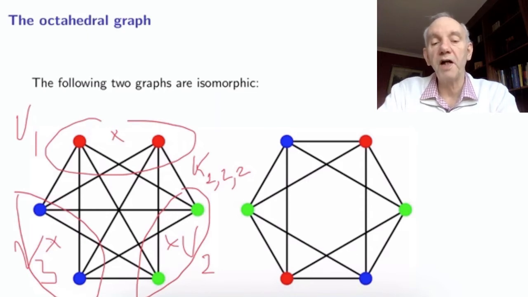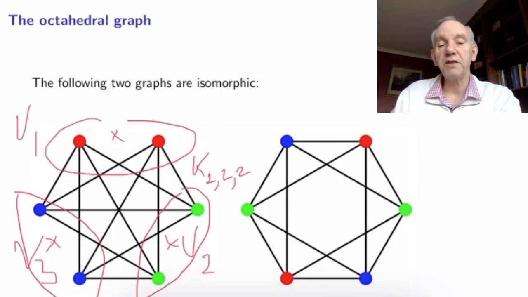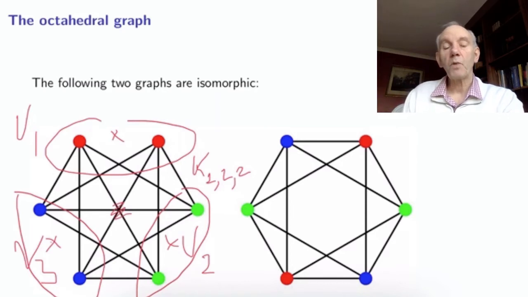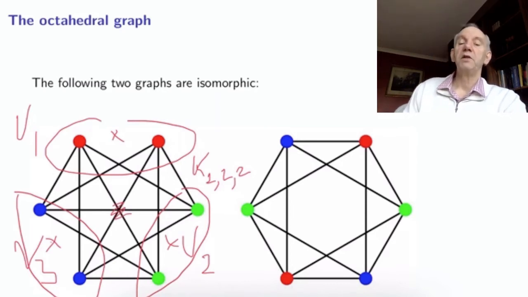But if you reorganize the vertices and move them so that the vertices with the same colour are opposite each other, you get this picture on the right, which has the same connectivity properties. If you label the vertices with numbers and make them correspond, this will be an isomorphism that I defined last week. But the picture looks rather simpler. We don't have this ugly crossing in the middle here, which doesn't represent a vertex.